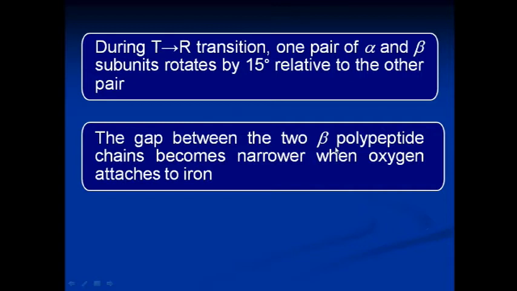Now the two beta polypeptide chains become narrower when oxygen attaches to the iron. जब ऑक्सीजन बाइंड हो जाती है तो वो उसका गैप था वो कम हो जाता है.